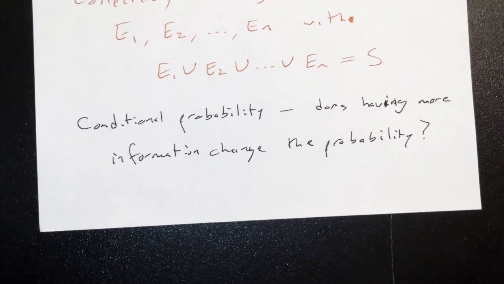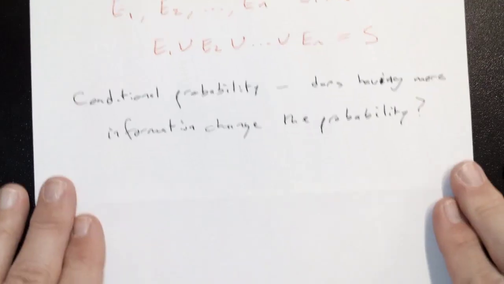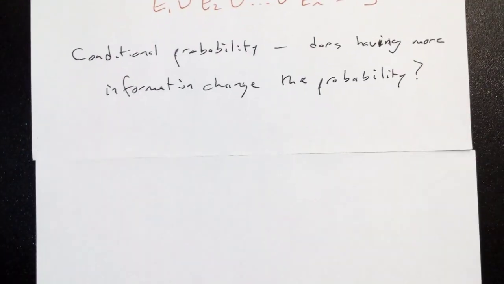So, one of the things that happens often is that I get some extra information as I work on my probabilities. And depending on what that extra information is, it might change my probabilities.